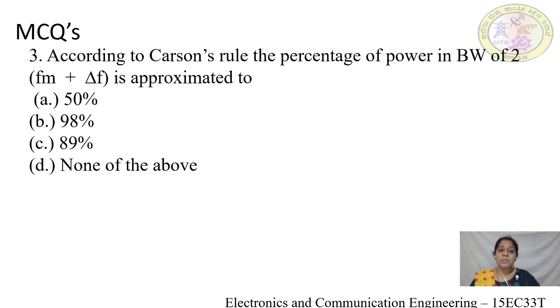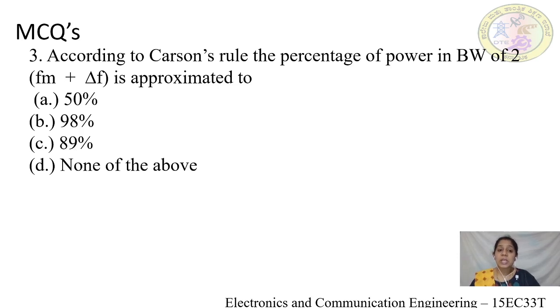Third question. According to Carson's rule, the percentage of power in the bandwidth of 2 times delta F plus fm is approximated to option A 50%, option B 98%, option C 89%, option D none of the above. Yes.